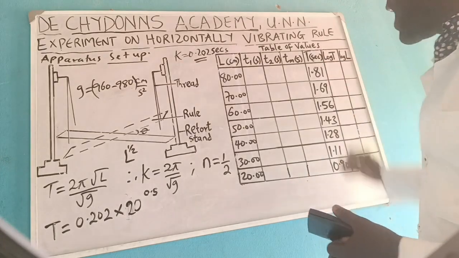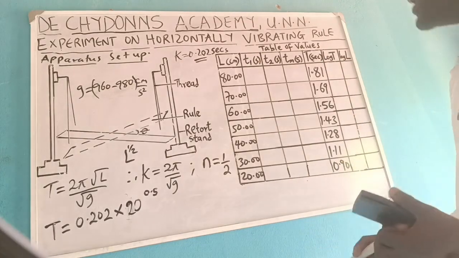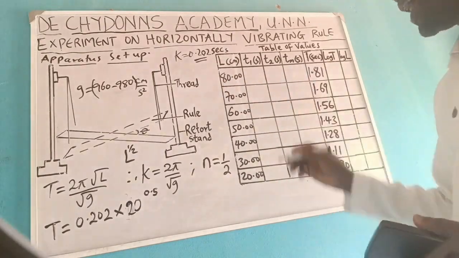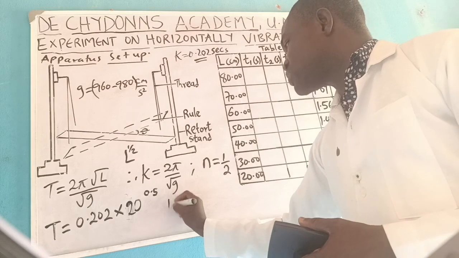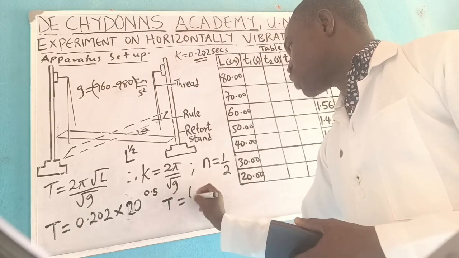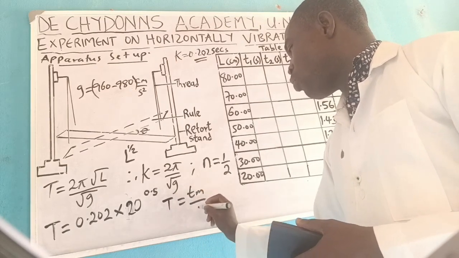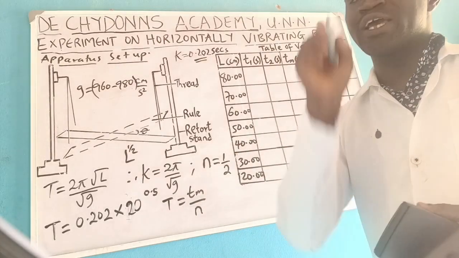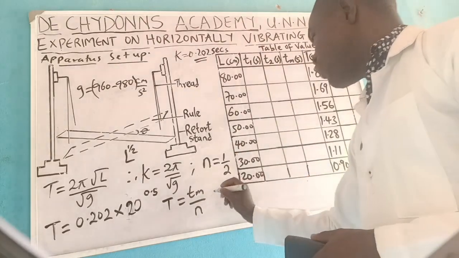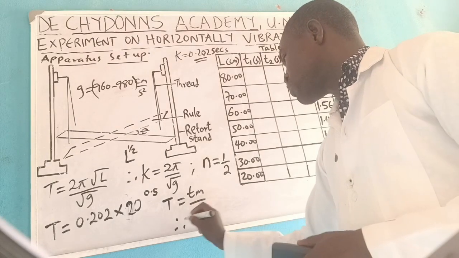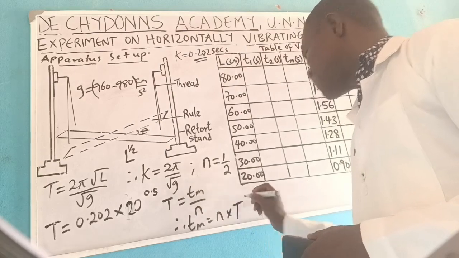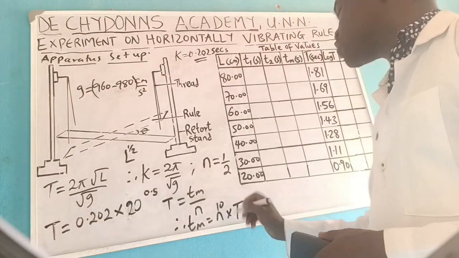So we have gotten our period. Yes, without touching apparatus. How can we get your Tm? That is the next. Remember that your T period is equal to mean time all over what? Number of oscillation. And number of oscillation is 10. And therefore, Tm will be equal to n times capital T, where n is equal to 10.